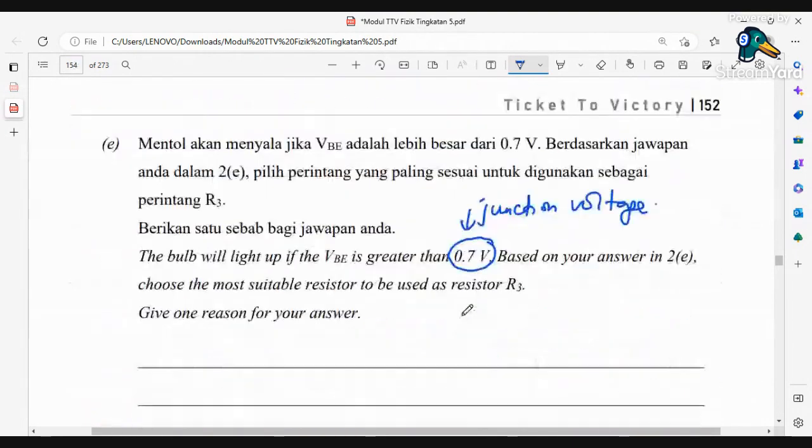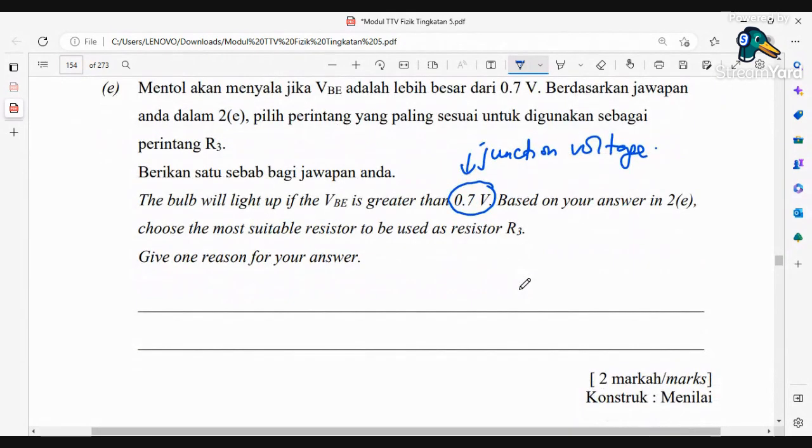So it means you need to put the resistor which is 200 ohm. Okay, so give reason of your answer. Okay, resistor 200 ohm.